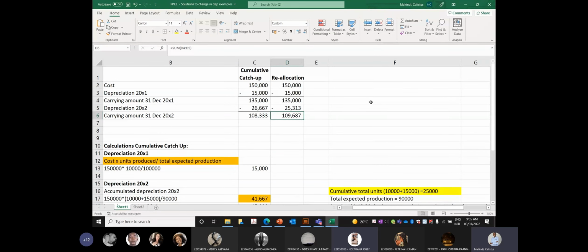So there's a slight difference between the carrying amounts using the cumulative catch-up method and the reallocation method. Those are the two methods you would use to account for a change in estimate. In this instance, the change in estimate was with regards to the useful life, which was given by taking the number of units that will be produced by the asset.